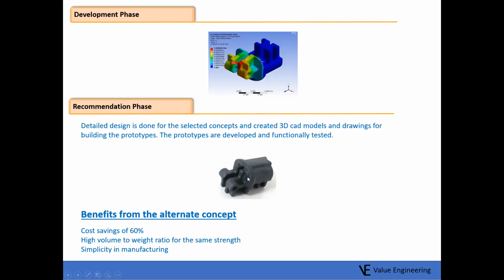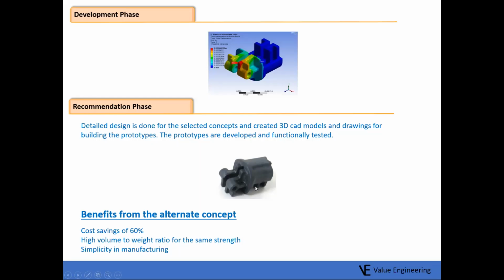It's a huge success, and the weight is also less, because this instrument is operated by the surgeon. He needs to hold it by hand. Because of changing from stainless steel to plastic, we are able to reduce the weight of the instrument, and also get simplicity in manufacturing. It takes a lot of time to machine this critical component in stainless steel.